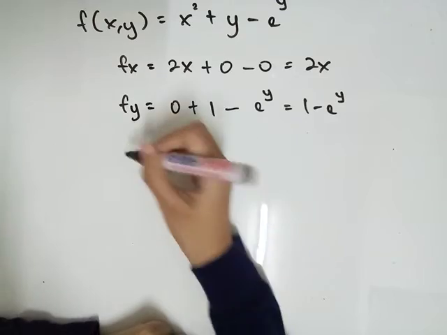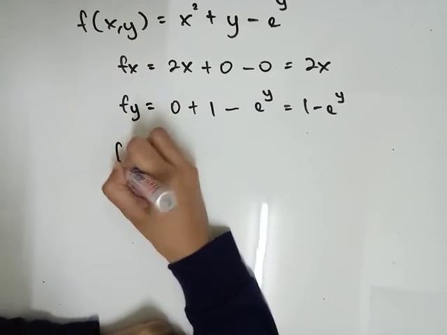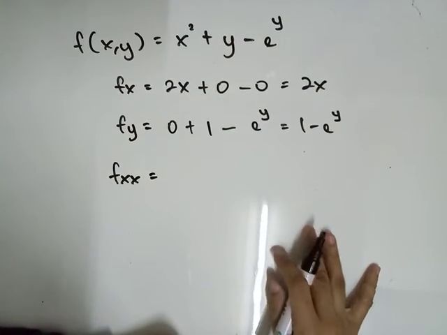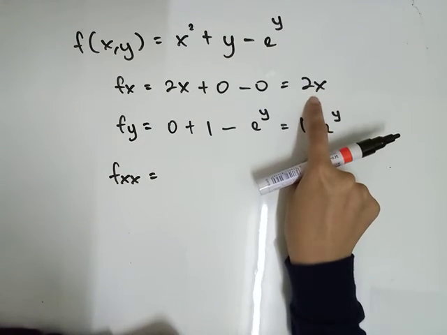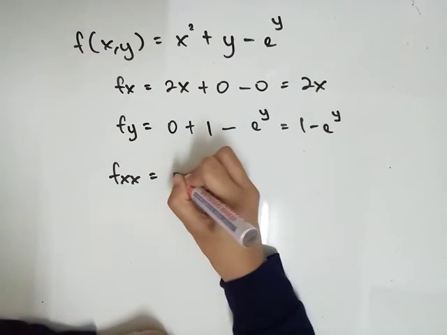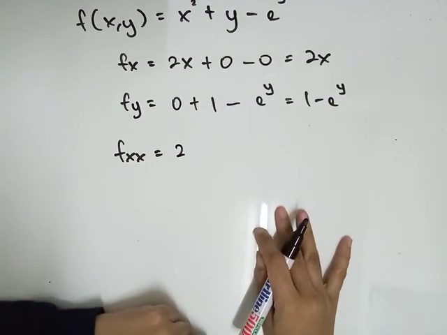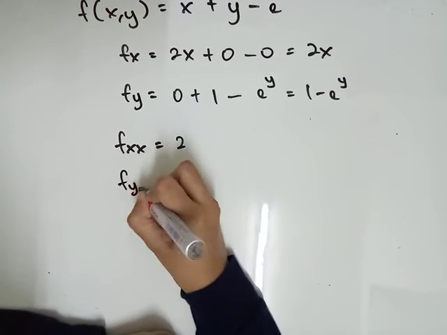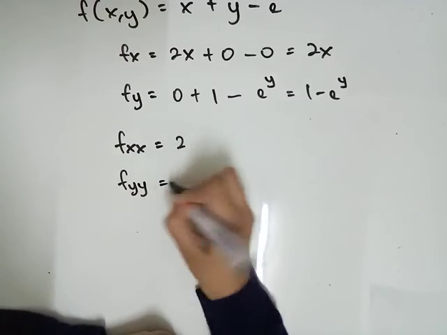What about the second derivative with respect to x? From the fx, second derivative with respect to x. Differentiate 2x, we get 2. That's it. What about the second derivative with respect to y?